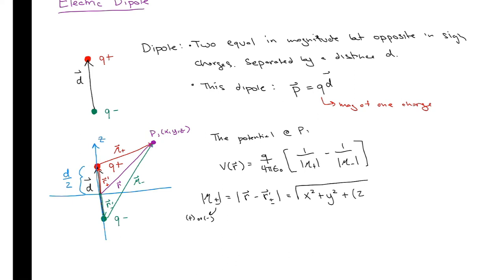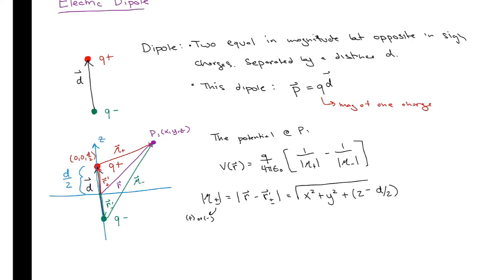So the top one is going to be positive. So I'm going to get z minus d over 2 for the top charge here, because this one's at, let me just write the coordinates for these guys. This one's at a coordinate of 0, 0, d over 2.